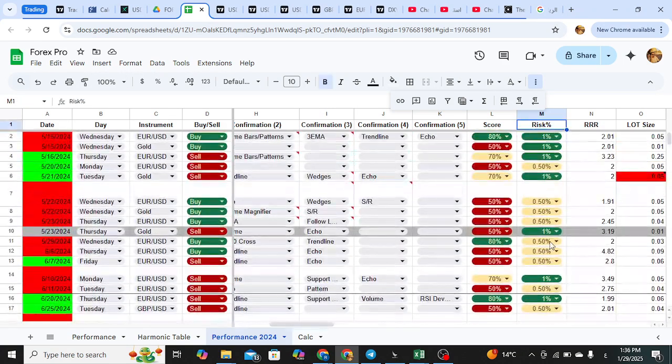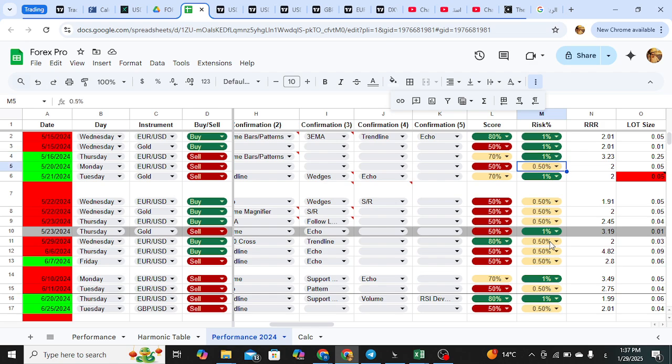So the general rule was, if the trade was 50%, then I will risk 0.5% on the trade. Meaning, if my capital is $1,000, then I will lose $5. If the score is 70, then I'm willing to risk 1%.